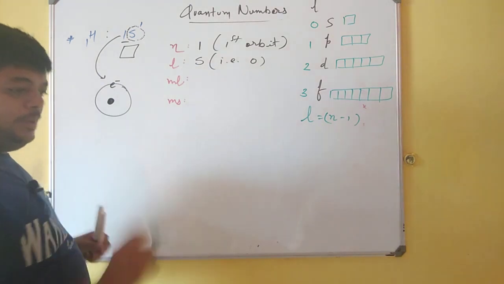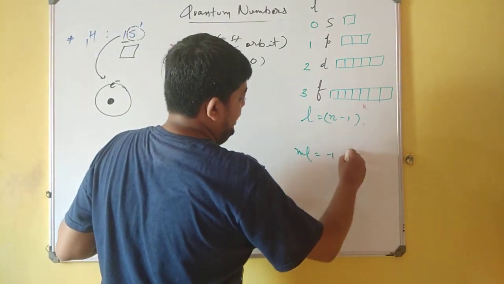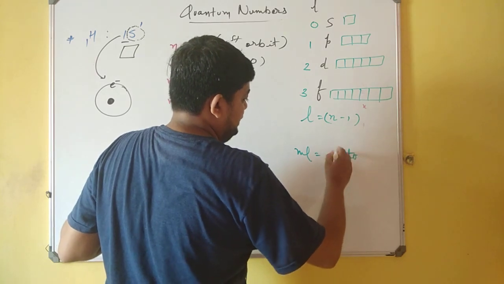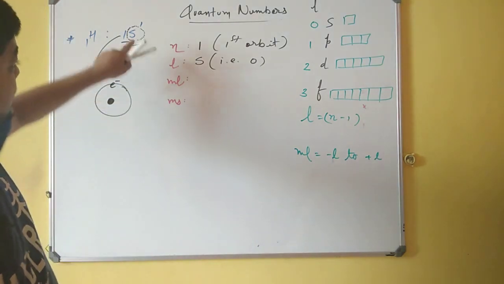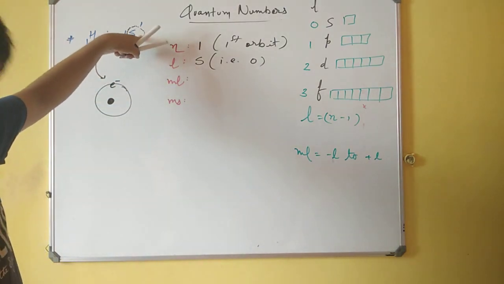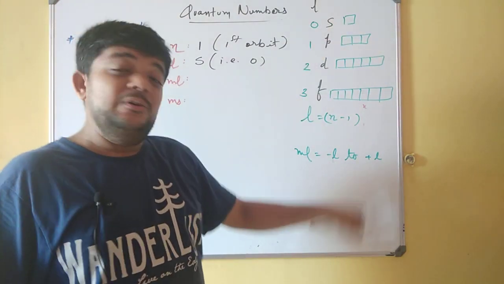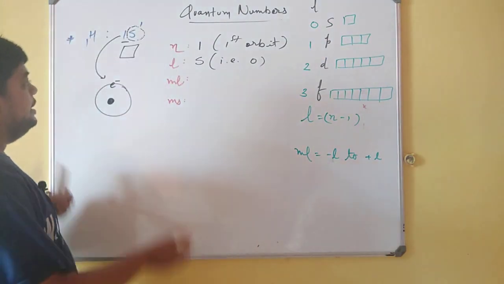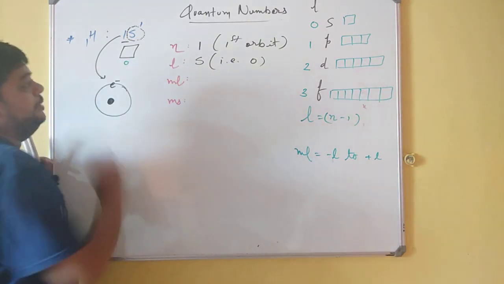ml, always remember we have discussed ml to be minus l to plus l. If we are talking about this s subshell, s has a value 0, so it will be minus 0 to plus 0, so only 1. So the value for this square box will be 0.